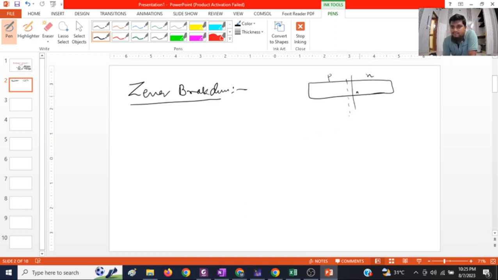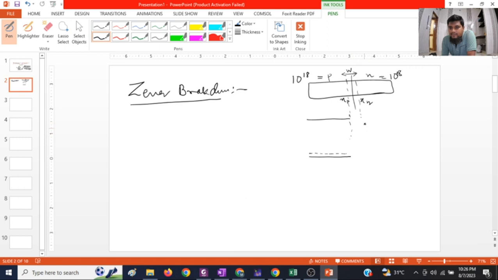From the energy band diagram, let's assume this is the junction width W. On this side, you will have P type, and let's assume it is very highly doped, 10 to the power 18, on both sides.